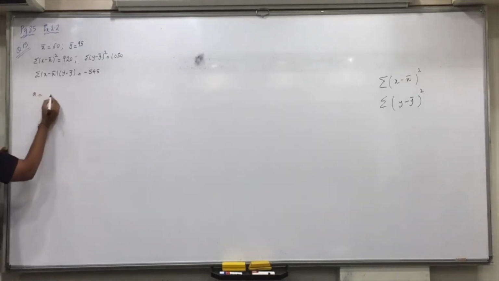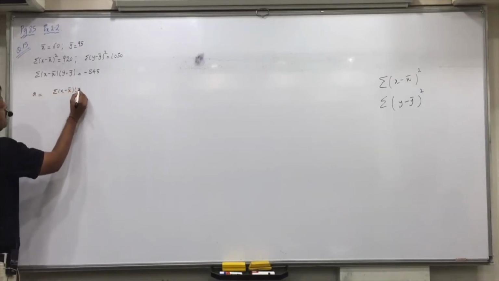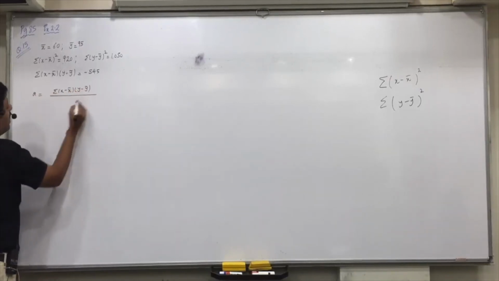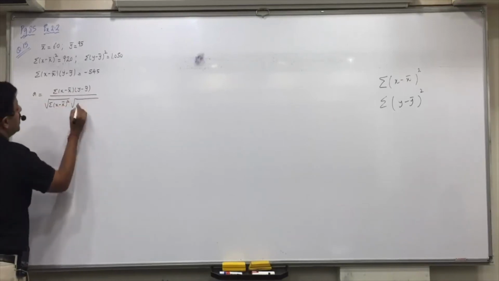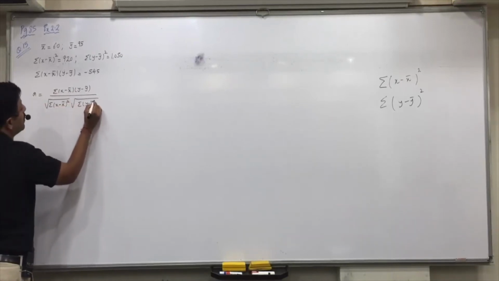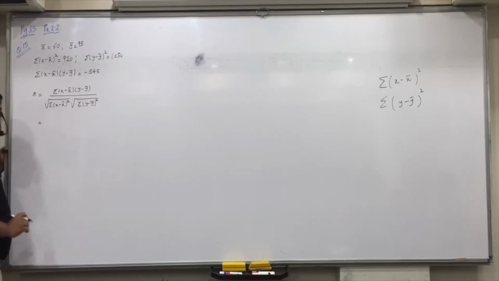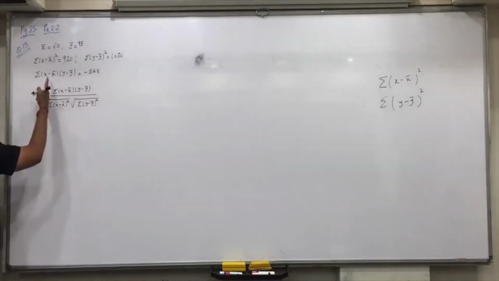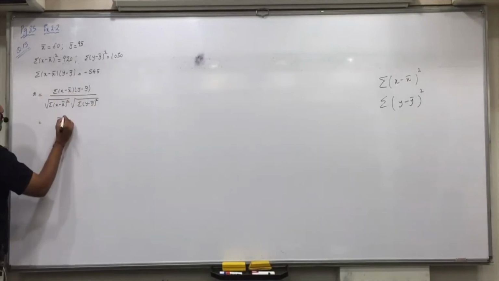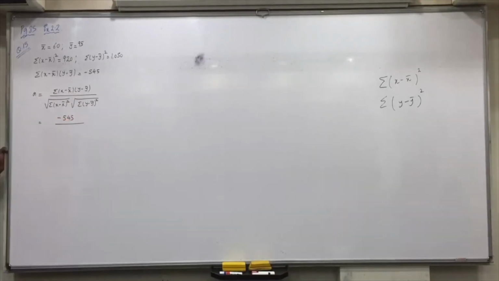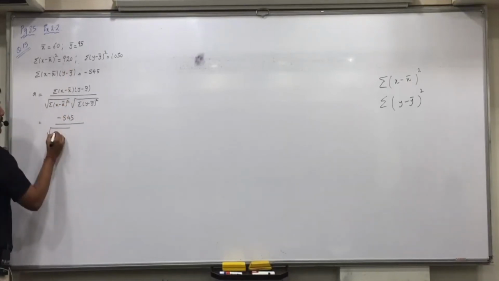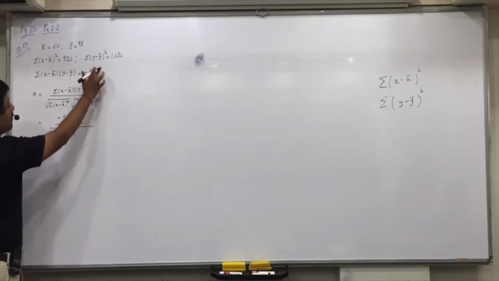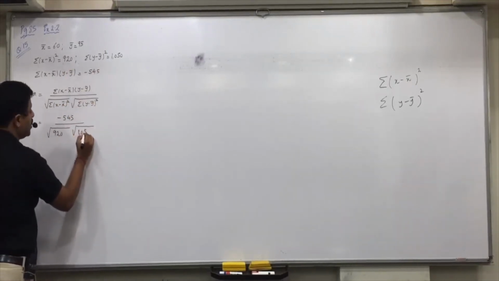Write down r equals sigma x minus x bar into y minus y bar upon square root of sigma x minus x bar whole square into square root of sigma y minus y bar whole square. Okay, so sigma x minus x bar into y minus y bar is minus 545 upon square root of sigma x minus x bar whole square, which is 920, into square root of sigma y minus y bar whole square, which is 1050.